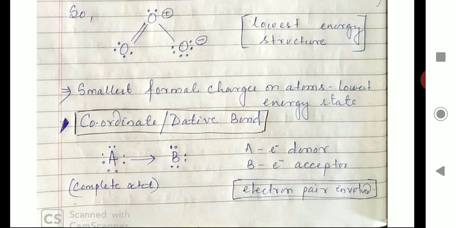There is another bond called a coordinate covalent bond or dative bond, where an atom with a complete octet can donate an electron pair to an atom having an incomplete octet. So here oxygen 1 is the electron donor and oxygen 3 is the electron pair acceptor. This is a coordinate covalent bond.